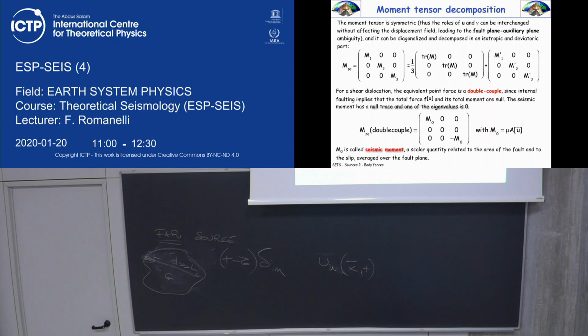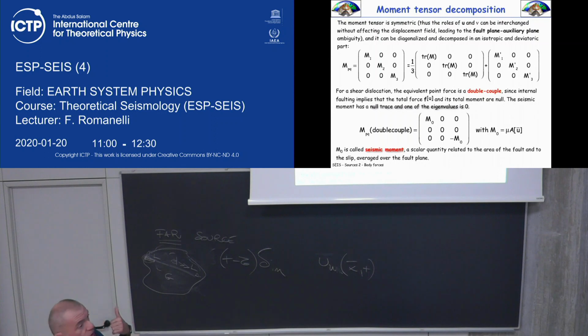Because the other ones have to be some plus and some minus, and the sum has to be zero. So, the end of the story is that if you consider a pure shear dislocation event related to an internal source, and you can consider it as a point, all the tremendous complications just end up in this. Everything is zero, plus m0, minus m0, and you should ask, what is m0?